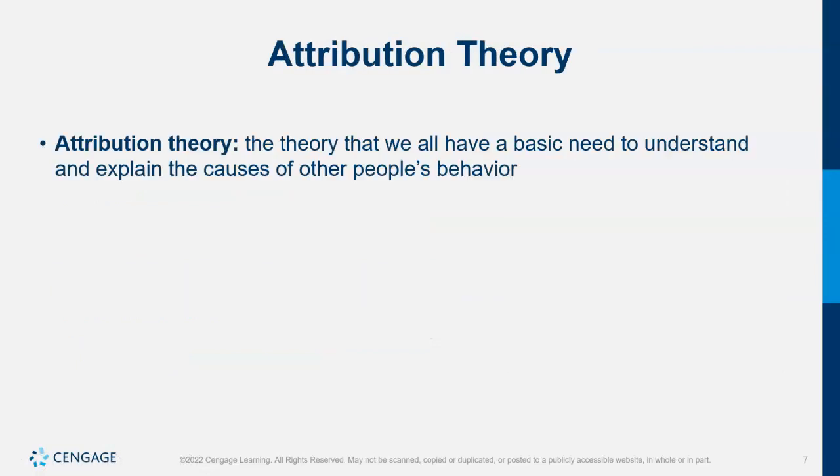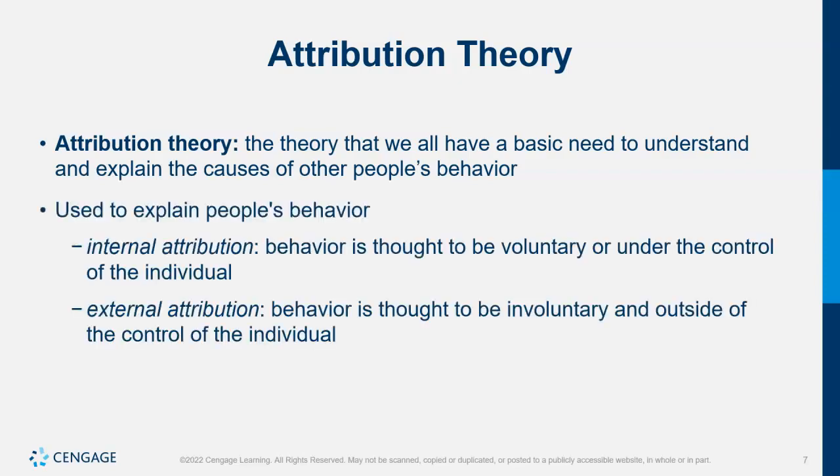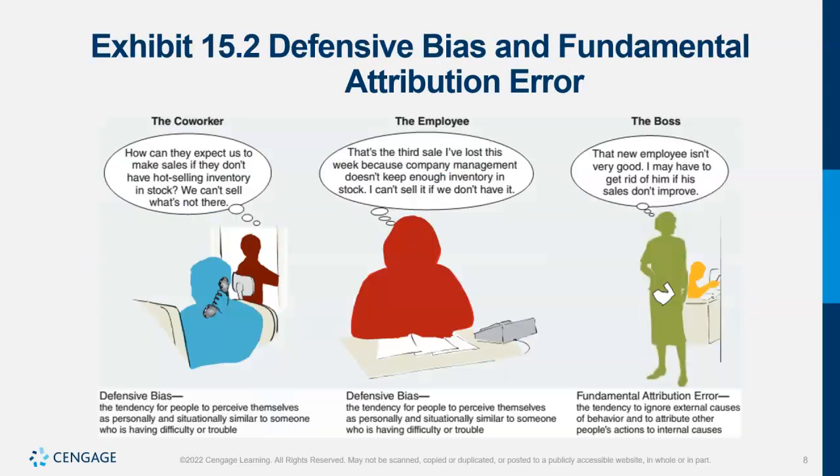Attribution theory is similar, and it says that people have a basic need to understand and explain people's behaviors. Internal attribution is when behavior is thought to be voluntary and under the control of the individual, and external attribution assumes that behavior is involuntary and outside of the control of the individual.